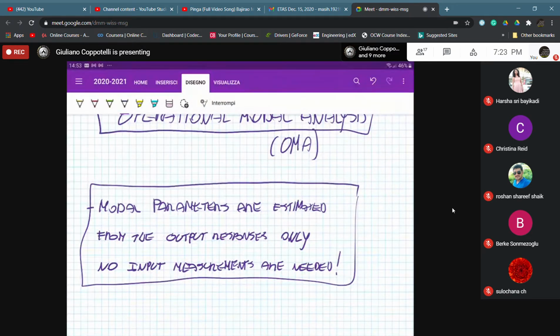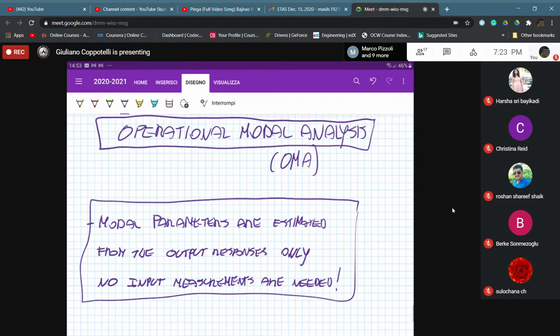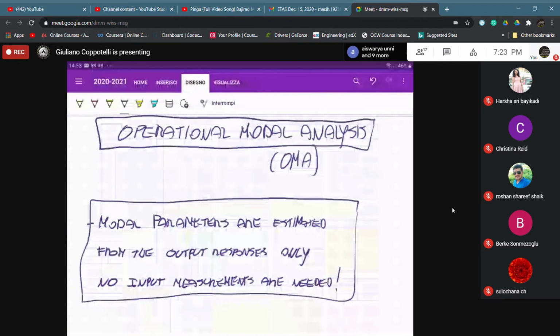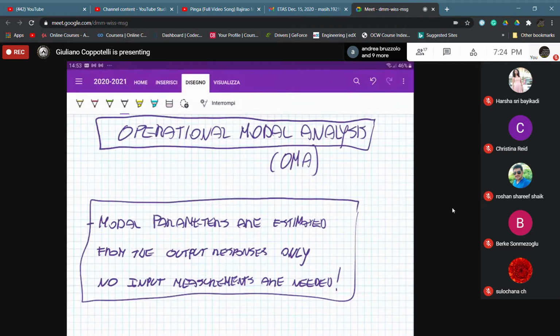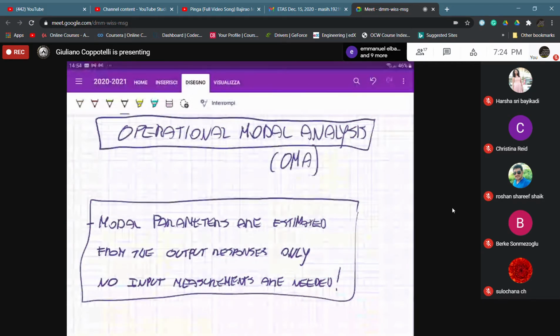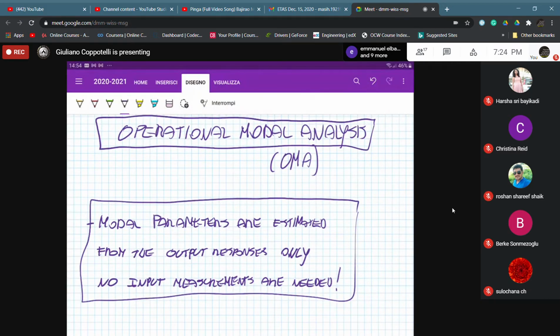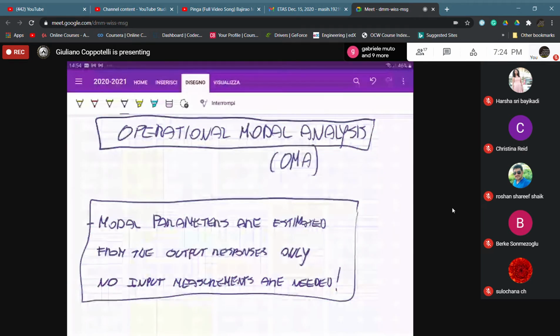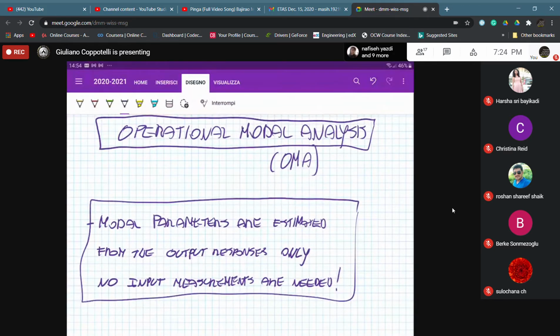But for our purposes, can you figure out the power of these approaches when you are referring, for example, to flight tests? Okay, if you would like to identify, for example, the root locus of a flight aircraft at different flight speeds or whatever flight dynamic pressures, then you are not required within these approaches to measure any input at all, but just from the output measurement, that is from the measurement of the output acceleration, for example, you can estimate the modal parameters in terms of natural frequencies, damping ratio, and mode shape.